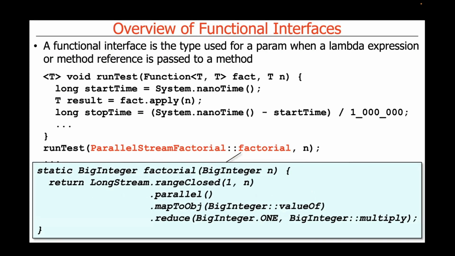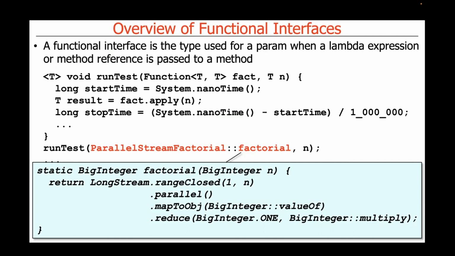Just for kicks, here's an implementation of the parallel stream factorial method that goes beyond the scope of this course in a way, but I just want to show it because it's kind of fun. We take a BigInteger n, and we create a stream of long values from 1 to n. Then in parallel, we convert each of the longs to a BigInteger, which is an arbitrary precision integer.